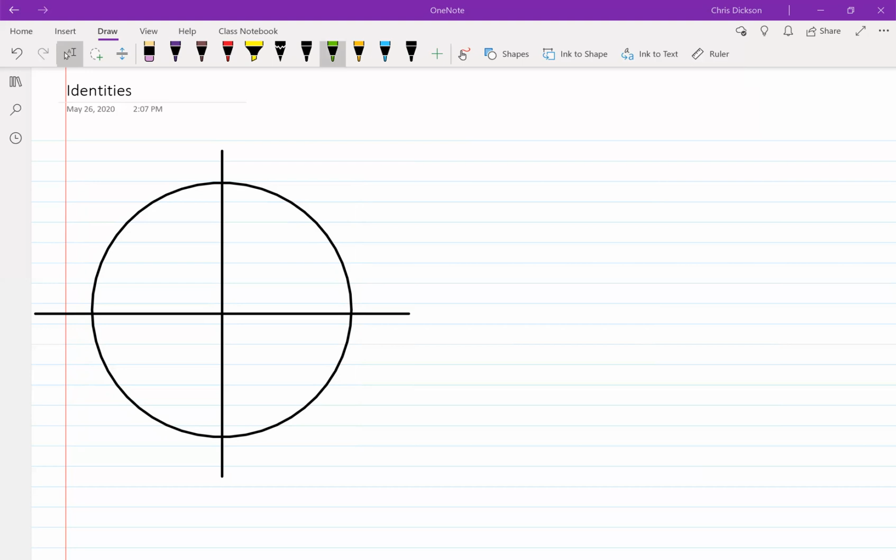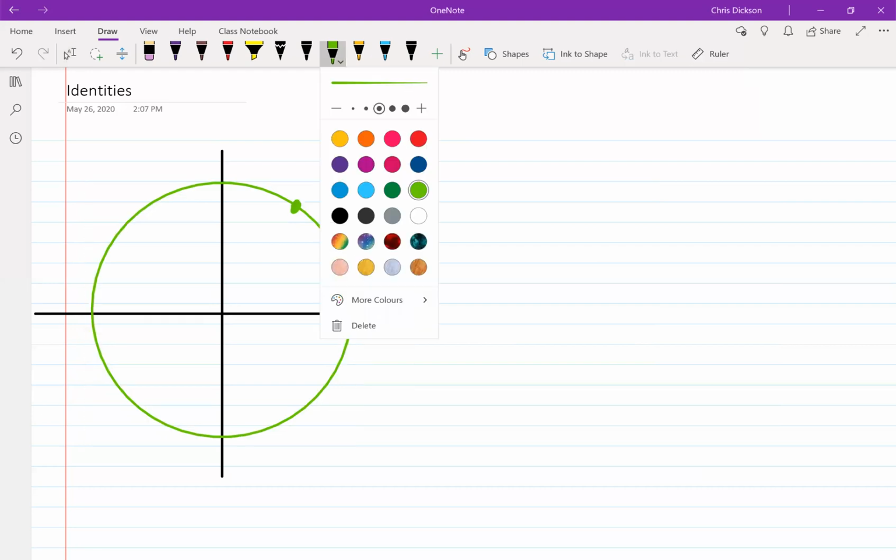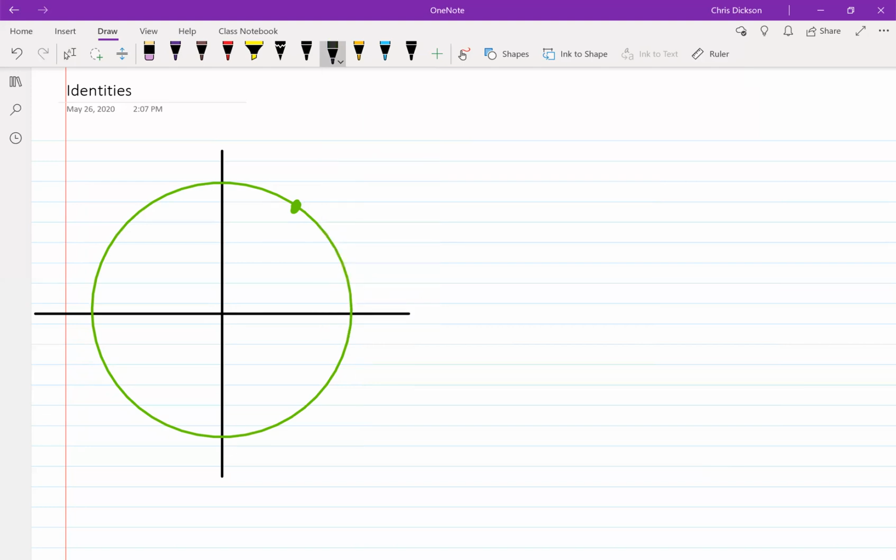Okay, so I'm going to get you to draw a terminal arm going to point P. Let's make point P here. I'll draw a green circle. I'm going to draw a line going from the center of the circle to point P, and let's give point P coordinates (x, y).